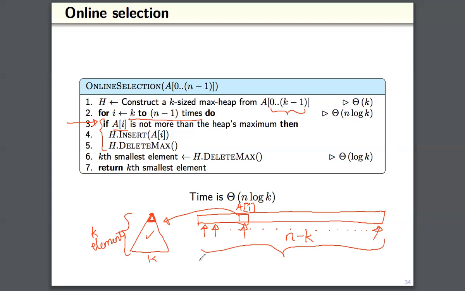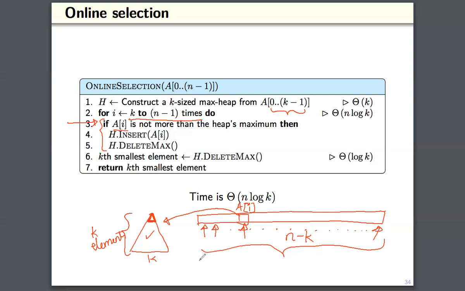Suppose A of I is less than or equal to the max element of the heap. Maybe it is one of the top k elements. So what do you do? You insert that element into the heap. Now there are k plus 1 items in the heap, but you're interested in only top k. So you remove one maximum element there, delete max, which is impossible to be one of the top k.